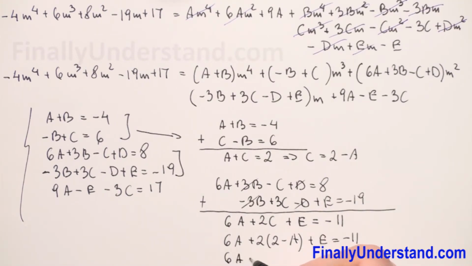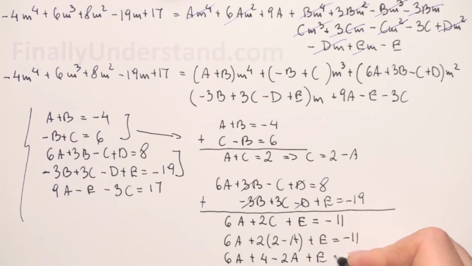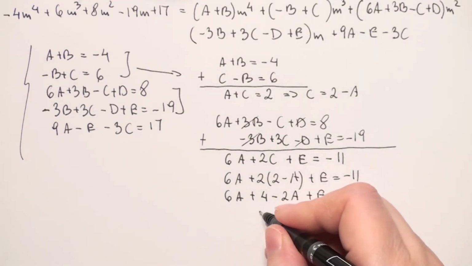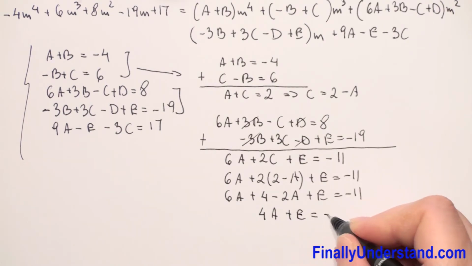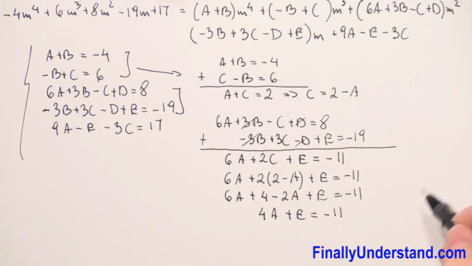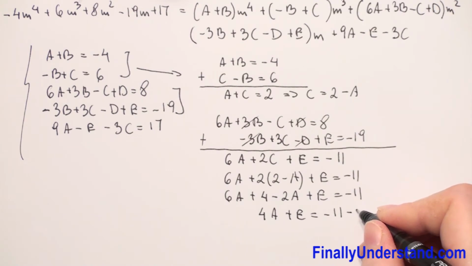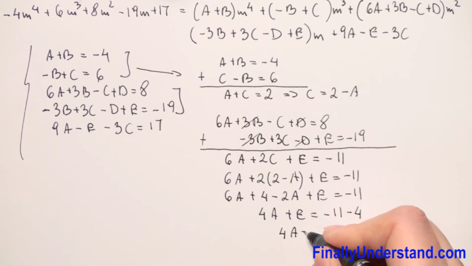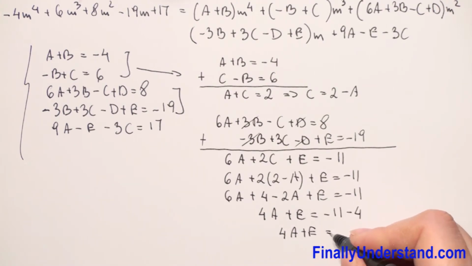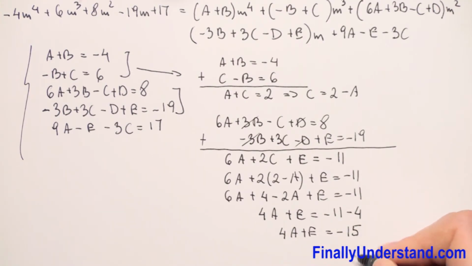So 6a will be plus 2 times 2 is 4 minus 2a plus e is equal negative 11. 6a minus 2a, so this is 4a plus e is equal negative 11. 4 when we move to the right side will be negative 4. So we have 4a plus e is equal negative 15.